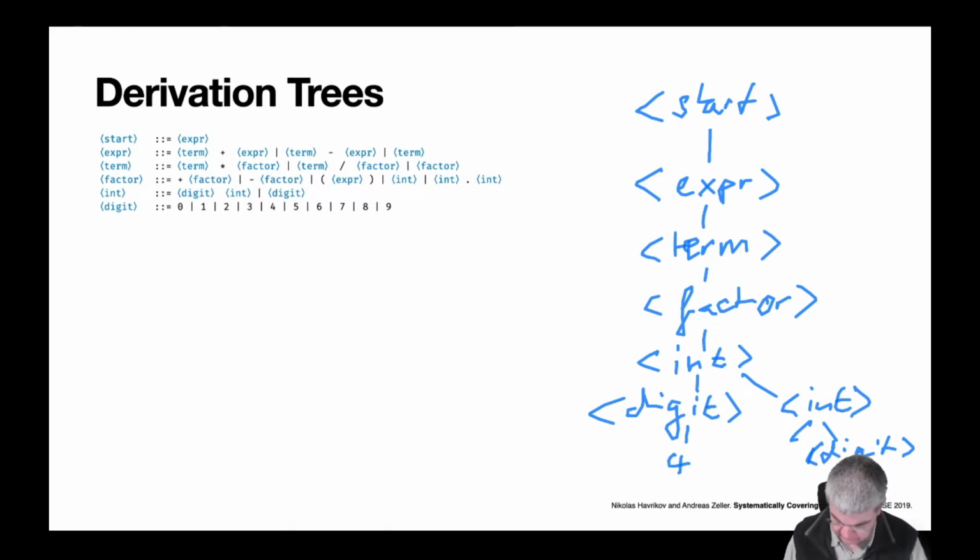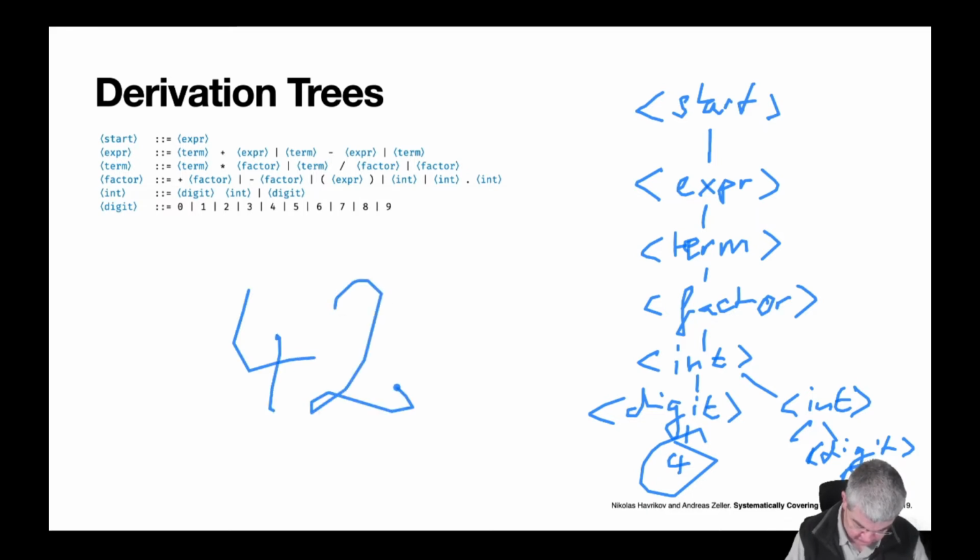This derivation tree still contains all the non-terminal symbols that we have used to expand things. How do we get a string out of that tree? Very simple. We traverse the tree left to right, depth first, and then we look into all the terminal symbols that we find, which in this case happens to be 4 and 2. So this whole tree corresponds to the string 42.